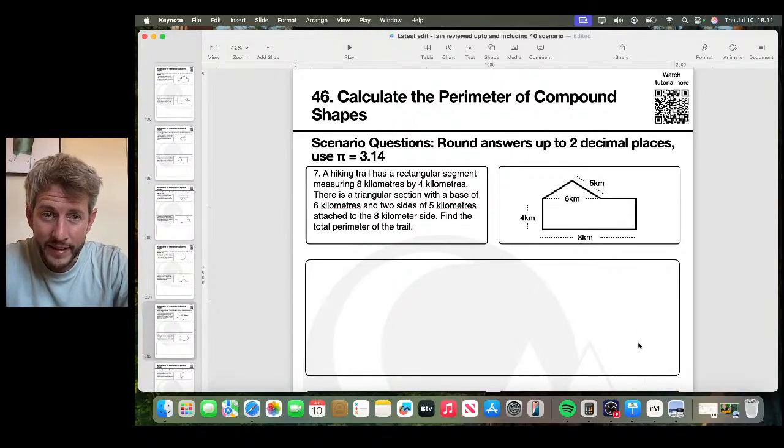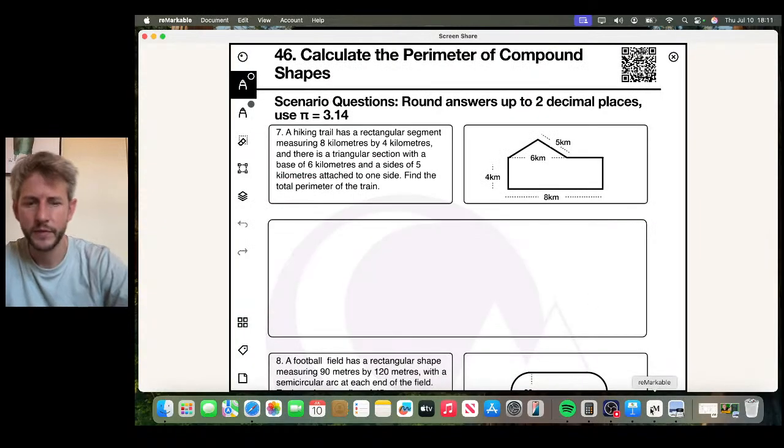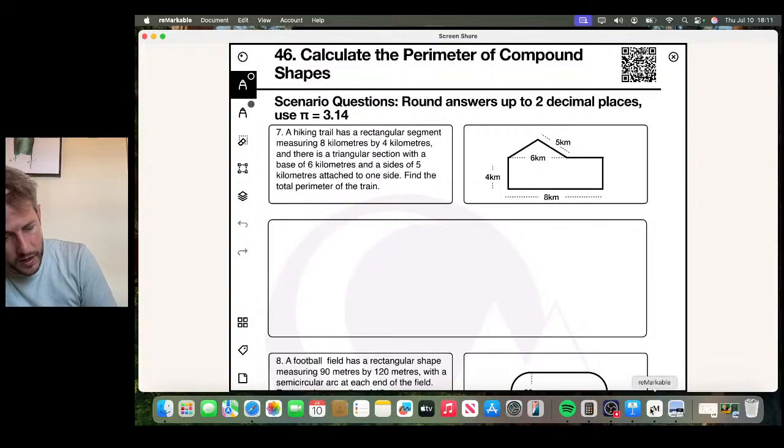So let's answer this now. That's 5 kilometers as well, because there's 2 sides of 5 kilometers and the base is that. If from here to here is 6 kilometers and here to here is 8 kilometers, that means this bit is 2 kilometers. And as this is a rectangle, this opposite side will be 4 kilometers.